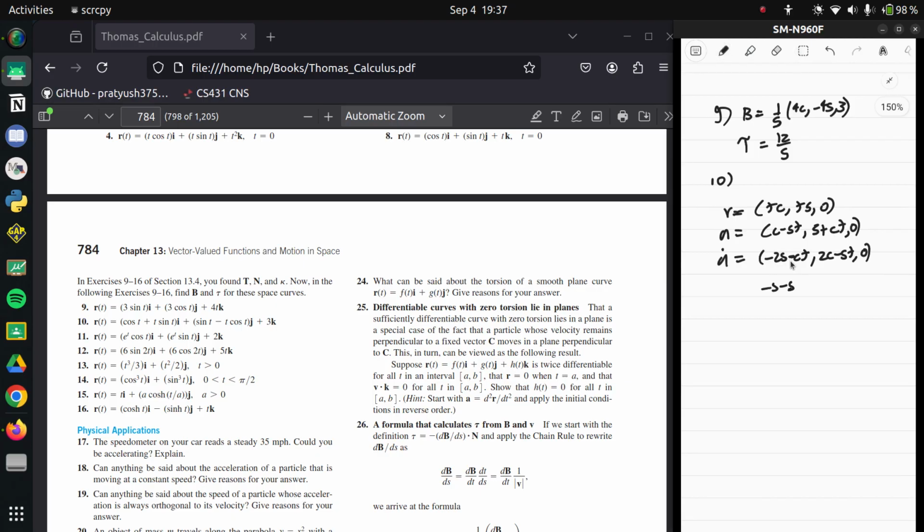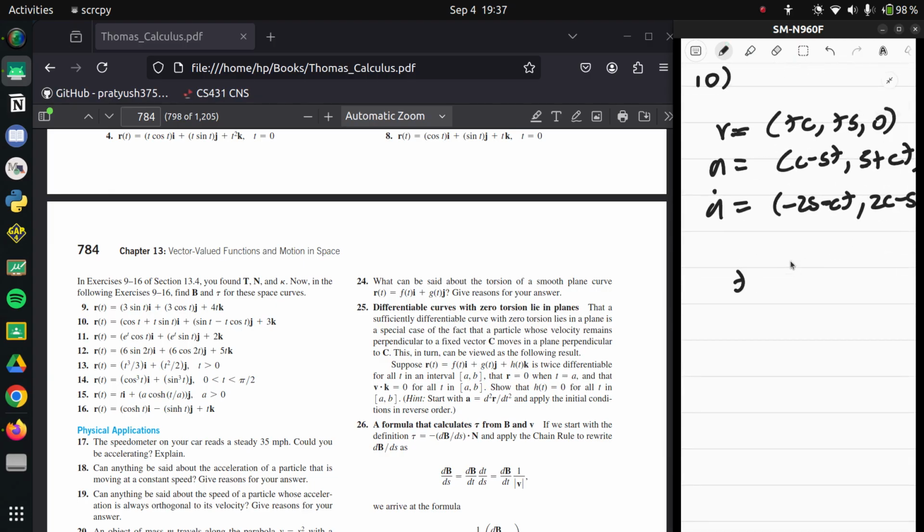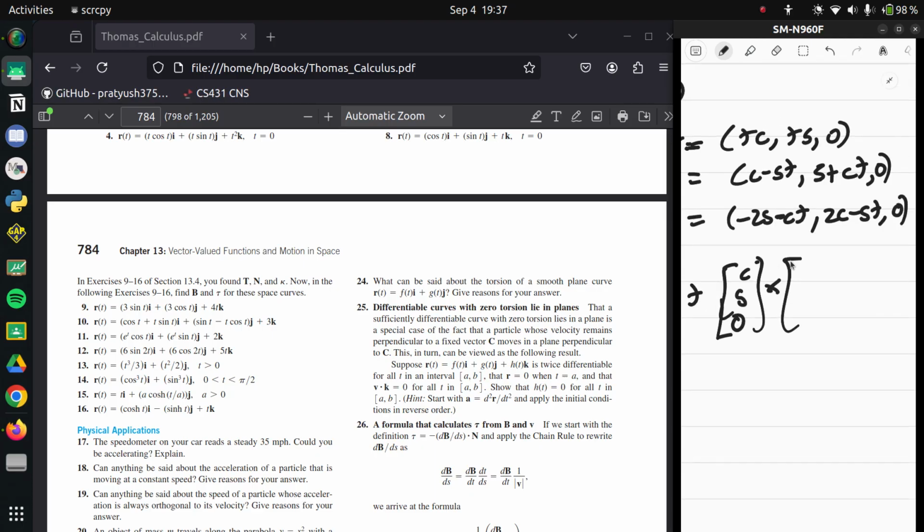Okay, cool. So what you want to find is the same stuff, just v cross a, crossed with this stuff, right?